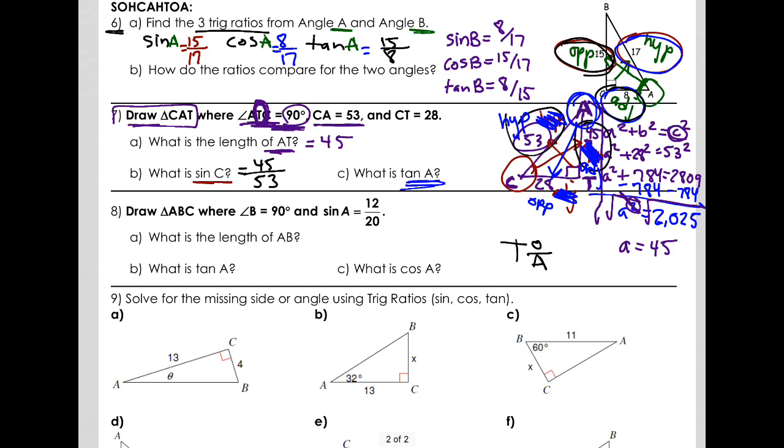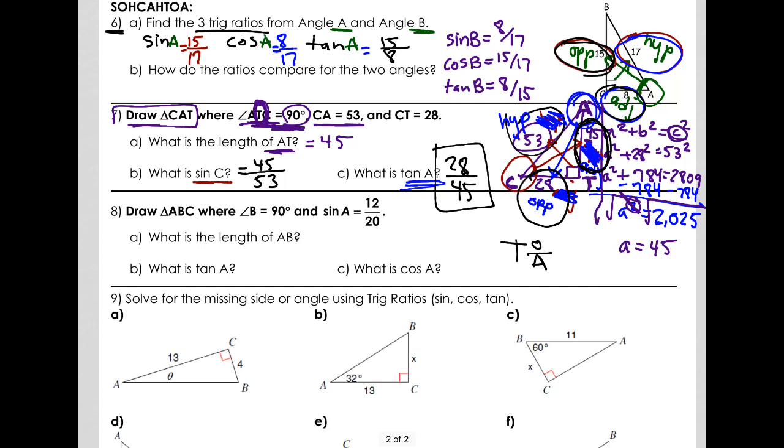So opposite labeled here in all this scribble scrabble is 28. And then the adjacent, if you look, is 45. Hopefully you are using eraser or have more space. Or scratch sheet, that's a good idea. So 28 over 45, if you try to simplify it, it doesn't simplify, so you are done at that point.